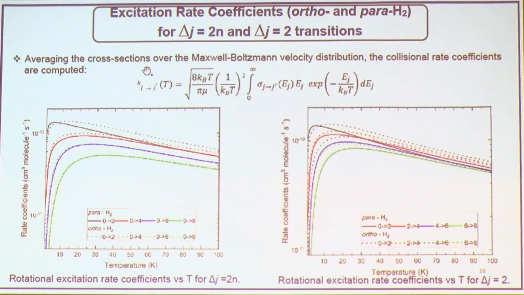Basically, the n value varies from 1 to 3, and this is for delta J equal to 2, starting from 0 to 4, 6 for both ortho and para. What is to be noted is that in these rate coefficients, the ortho values are higher than the para hydrogen rate coefficient values for the C5 molecule.